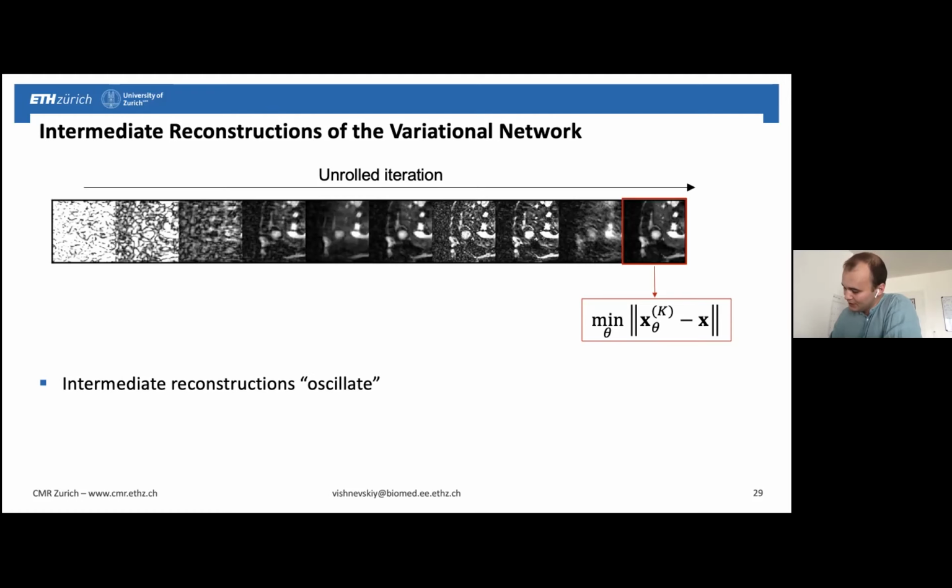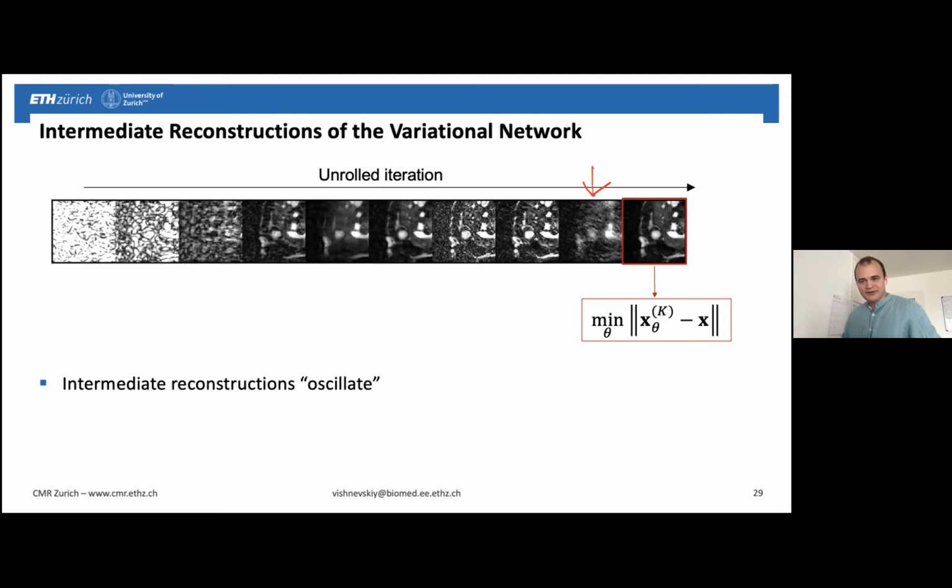You can see that those are unrolled iterations, so the reconstructions at the unrolled iteration. And for example, at the very last layer before the output, the current estimate of the image looks quite unreasonable. And we don't even know if there is any information contained this far in the flow of the network. For us, for humans, it's really hard to say.